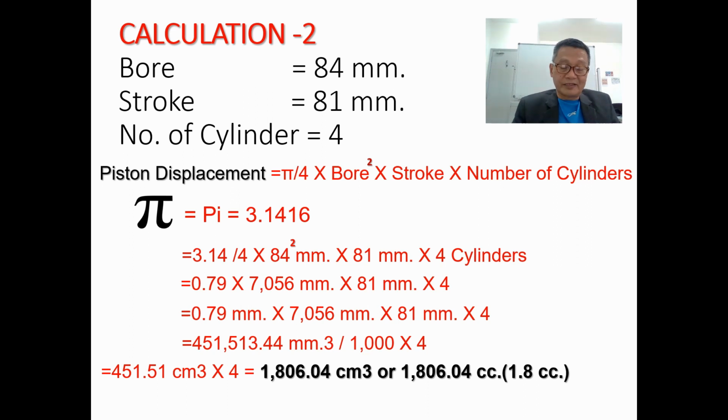Then multiplied by 4 cylinders, you have 1806.04 cc. We can say that will be a 1.8 liter engine capacity. So that will be the end of this calculation.